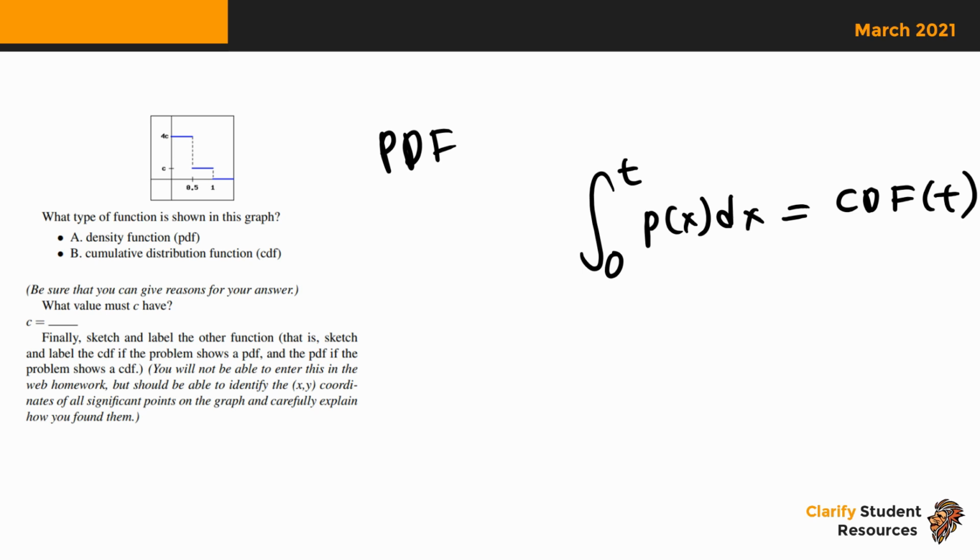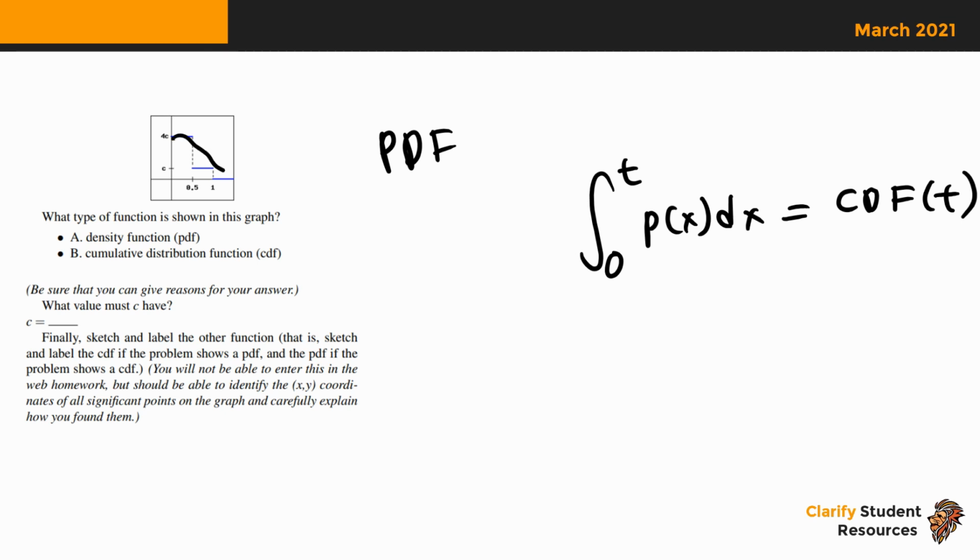And it's basically going to tell us the probability from 0 to t of the thing occurring within that range. So the probability is always going to keep increasing as we increase our number, right? So this basically means that the CDF is always going to be increasing.